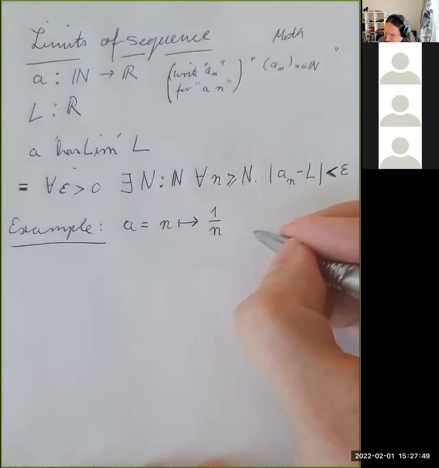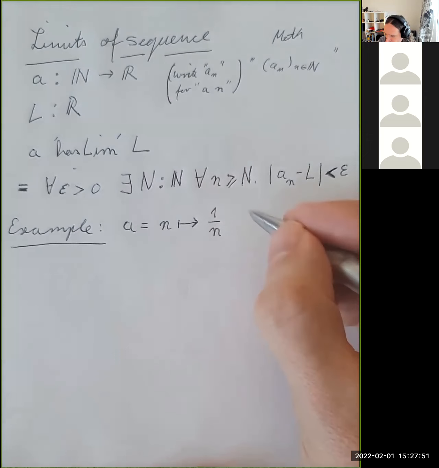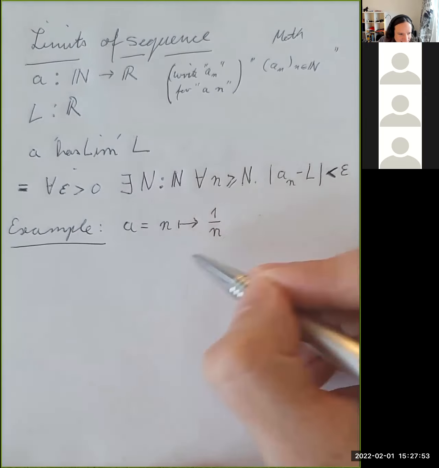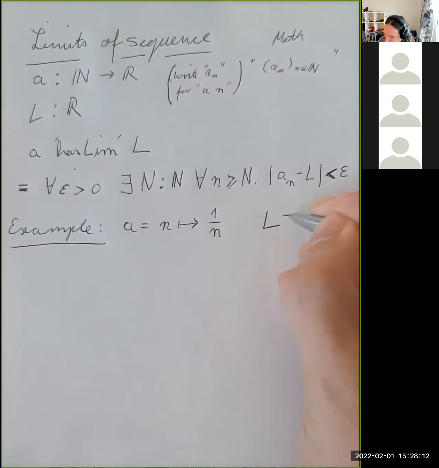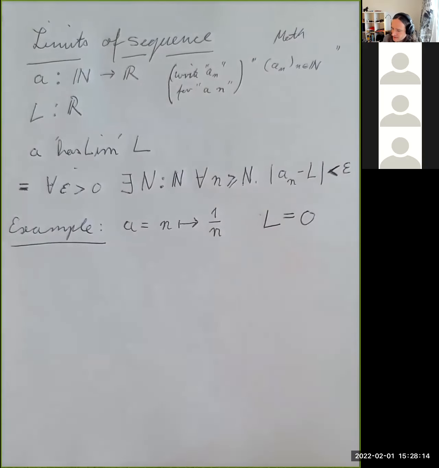And let's guess what the limit can be. What our L should be when we want to show that this sequence has a limit. Yeah, thanks. So L is 0. Okay, so let's try to prove this.